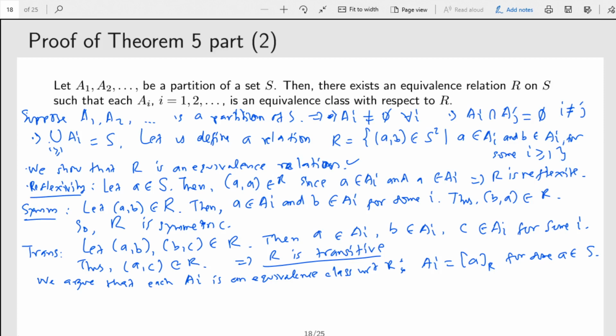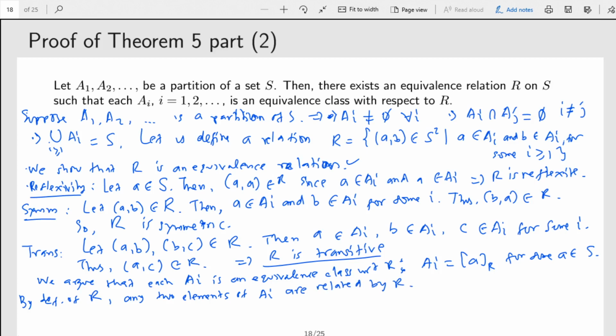Now by definition of R, we could write that any two elements of AI are related by R, right?